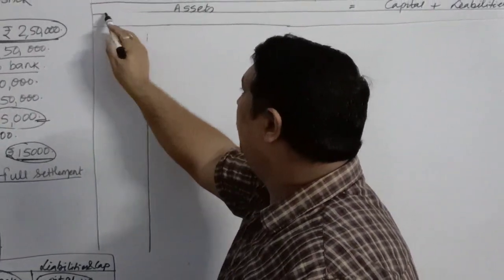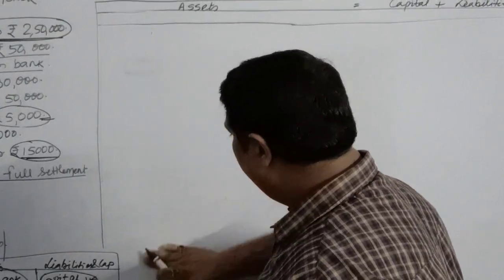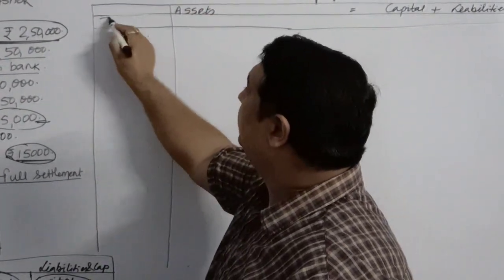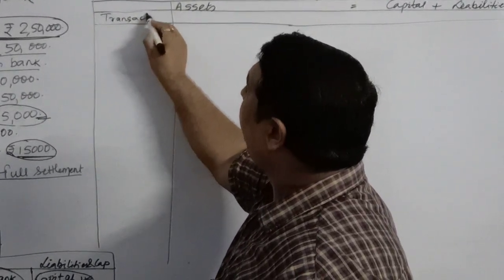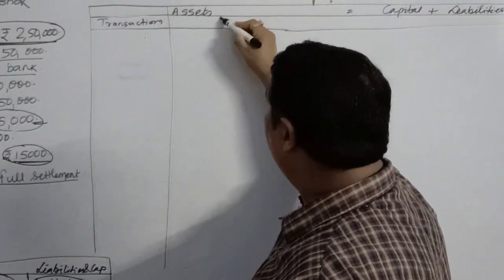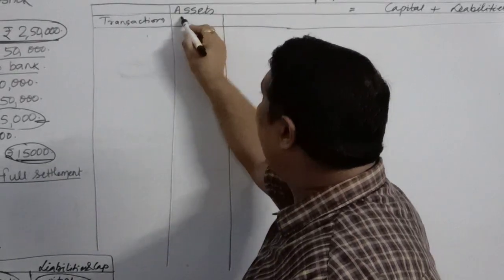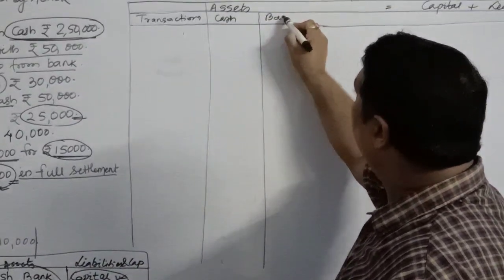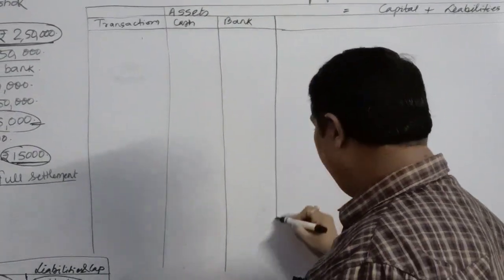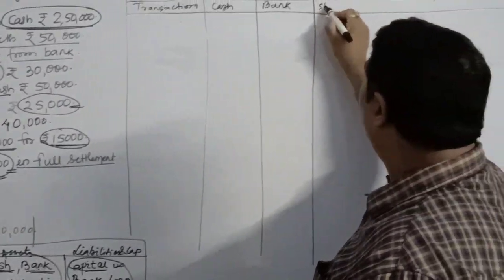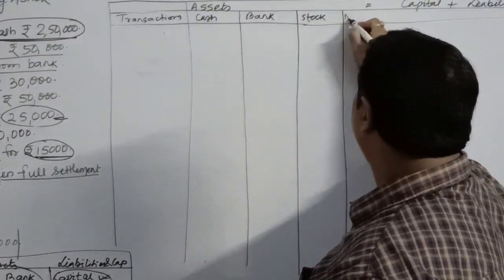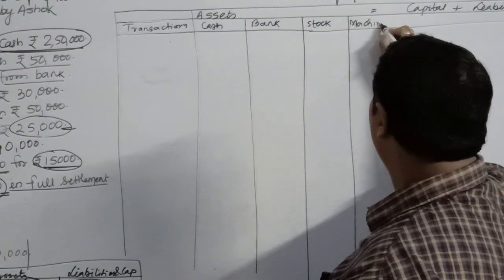So I'll write first of all the transactions over here. Transactions. Then one column for cash. Second column is for bank. Then we need stock. And then we need machines.